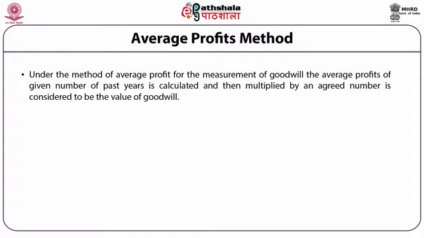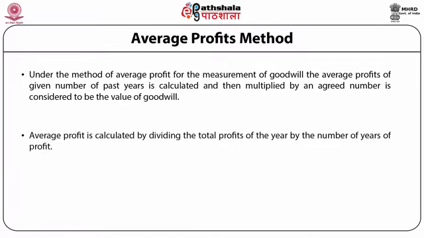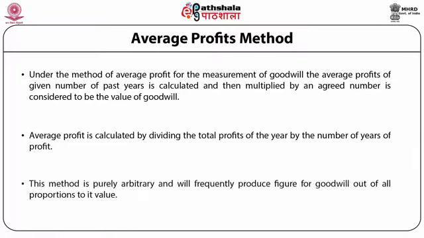It means the value of goodwill is calculated by multiplying average profit with the number of years' purchase. Average profit is calculated by dividing total profit by the number of years of profit. This method is purely arbitrary and will frequently produce a figure for goodwill out of all proportion to its value.